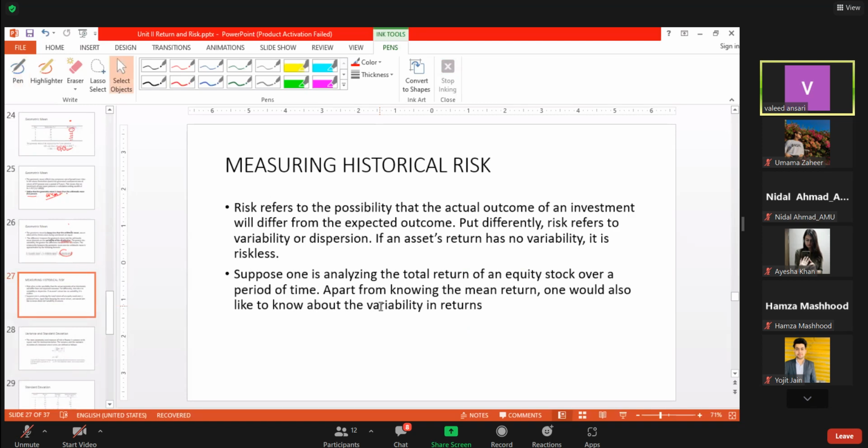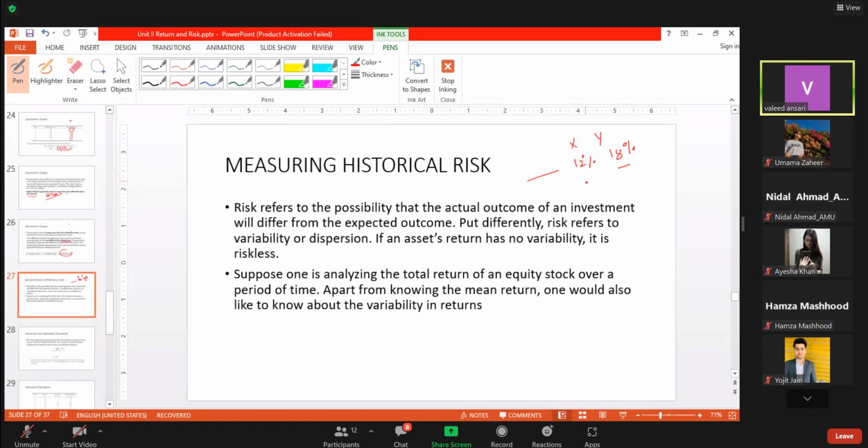Now, this was about the return aspect, how we calculate the returns, and the types of summary statistics like arithmetic mean and geometric mean. But in making investment, only returns are not important. For instance, there are two stocks, let us say X and Y. One is providing a return of 12%, another is providing a return of 18%. Now, this does not tell how risky the investment is.